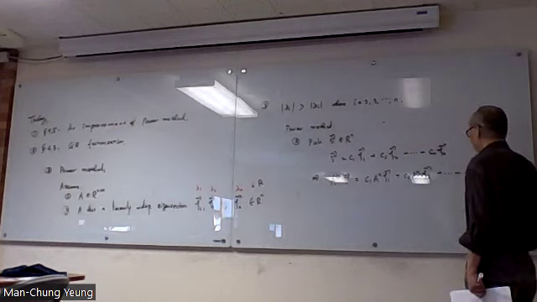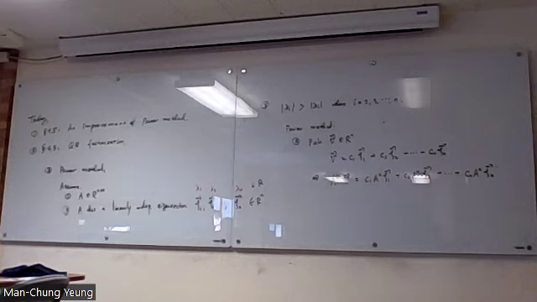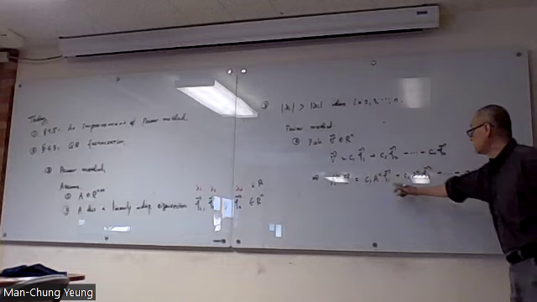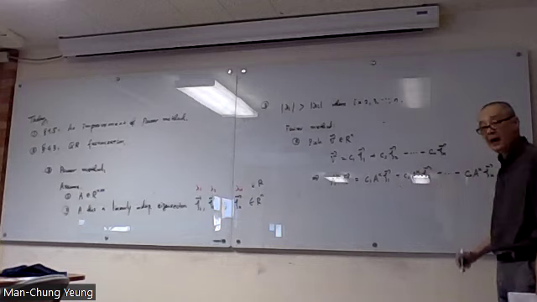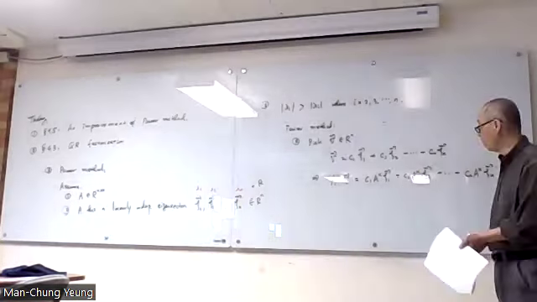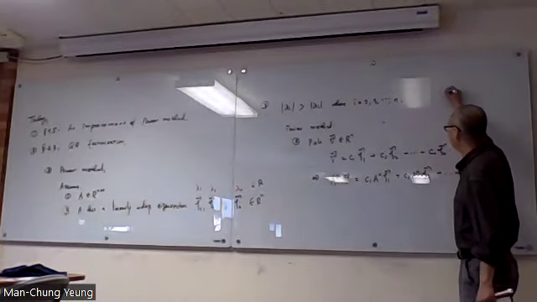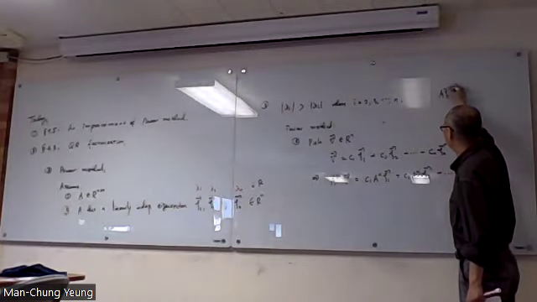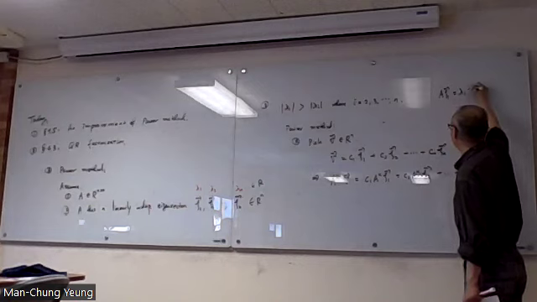I assume psi 1, psi 2, psi n are eigenvectors, so A times psi 1 is lambda 1 times psi 1.